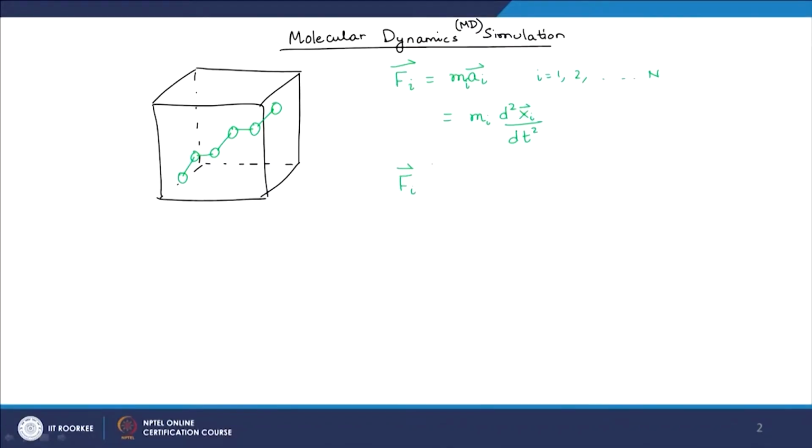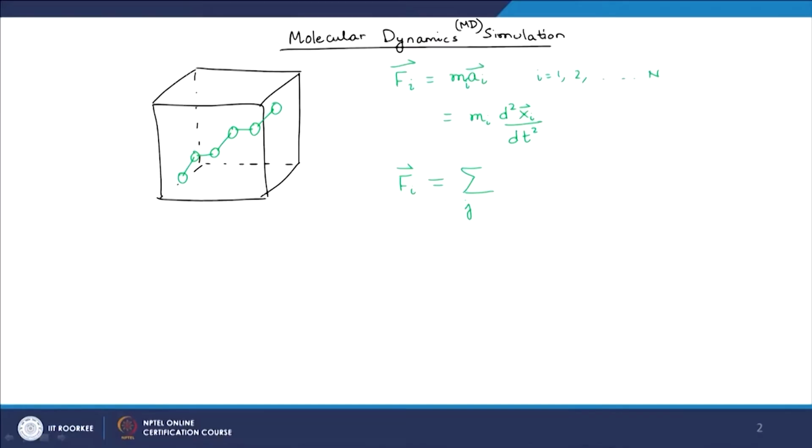Okay, so if I look at the force that is acting on the particle i, then that force is the sum over the pair interaction forces that involve a pair of particle including the particle i.